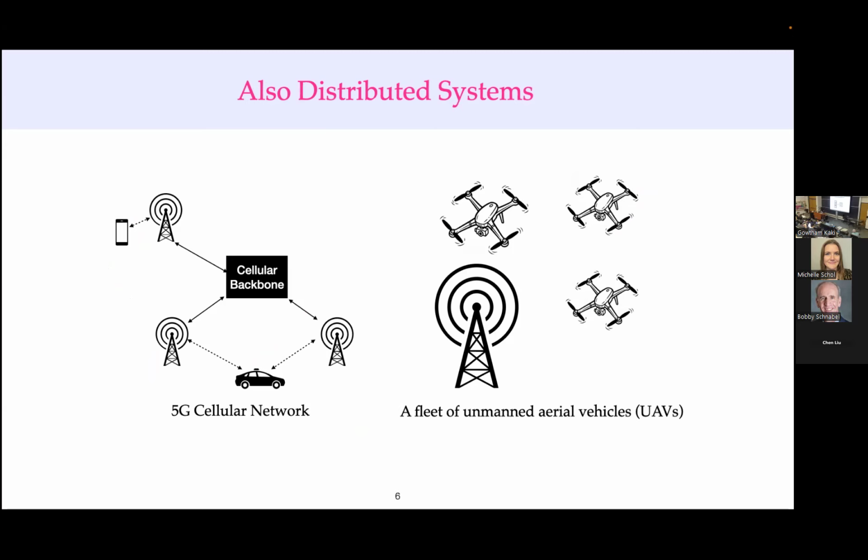Or you can have a fleet of unmanned aerial vehicles which communicate amongst themselves via a control tower and so on. The key point is that the communication between these various agents is unreliable and vulnerable, and the control and data flow is not instantaneous. These are the three key things that define a distributed system.